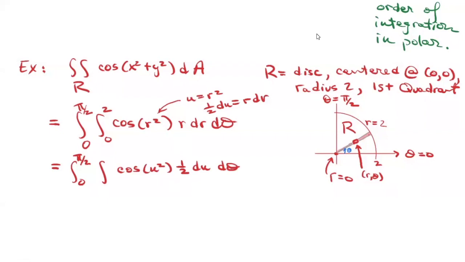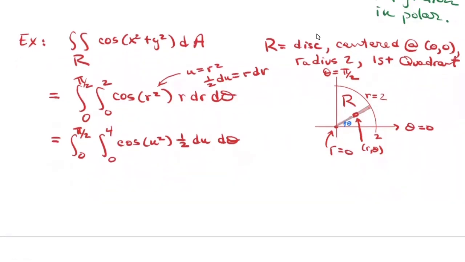And if r is 0, u is 0. And if r is 2, u is 2 squared, so that would be from 0 to 4 now. And I do not want to use squared inside there, so my mistake. Sorry about that, everybody.